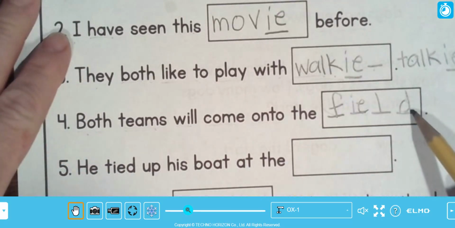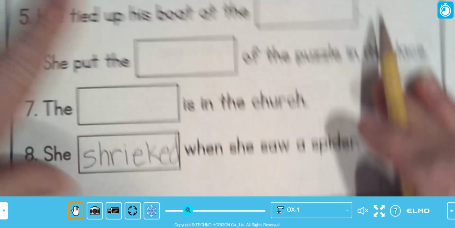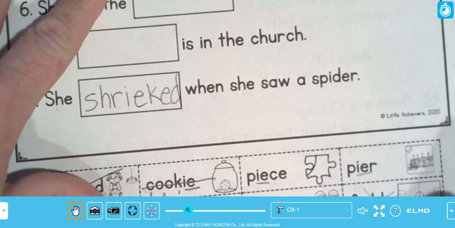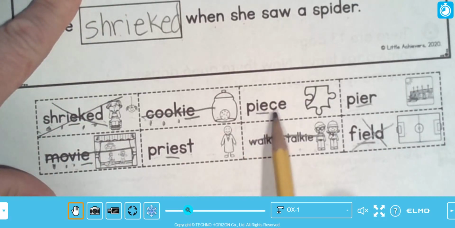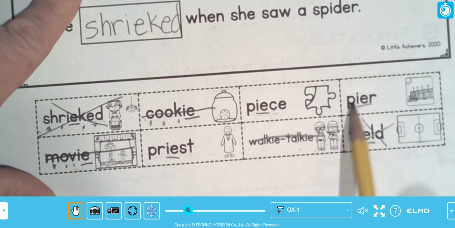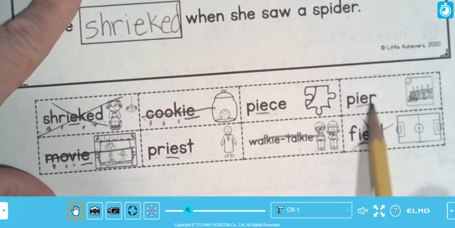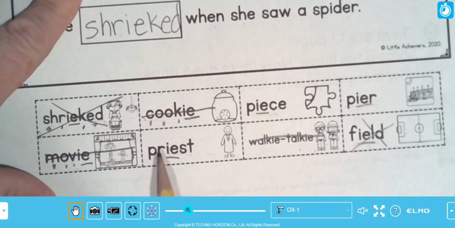Hopefully you finished writing down field. If you didn't, pause the video so you can finish writing it down. I'm going to cross it off here. And what words do we have left? We have p, e, s, peace, p, e, r, pier, p, r, e, s, t, priest. Those are the ones we have left.